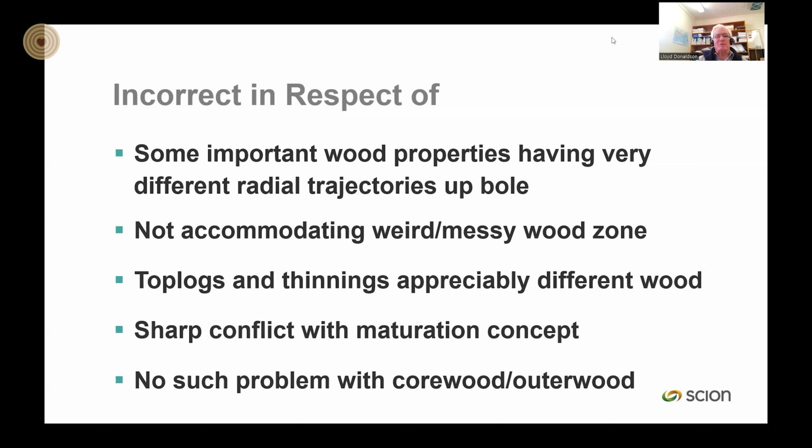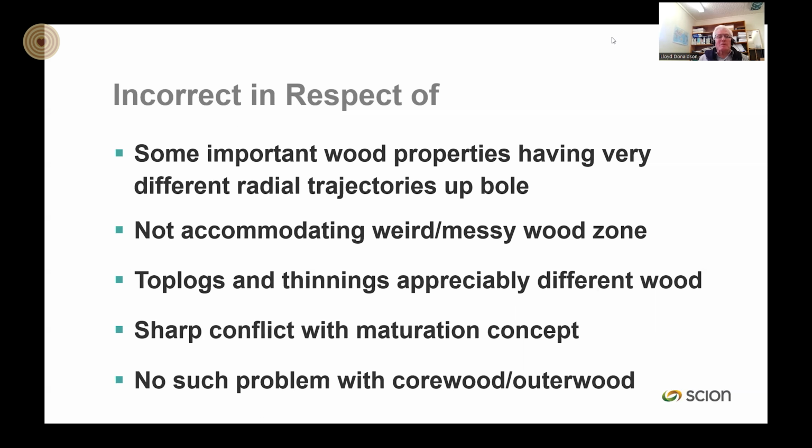It's also unsatisfactory in not accommodating the fact that one often has somewhat anomalous wood near ground level, right near the pith. It does not accommodate the fact that top logs and thinnings, even though they may be of similar diameters and with similar numbers of rings from the pith, can be appreciably different wood.